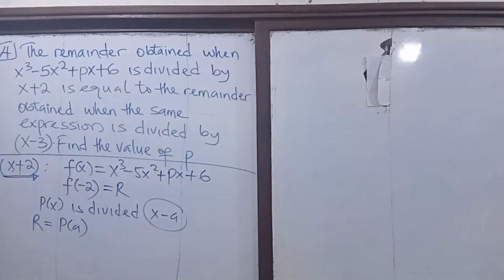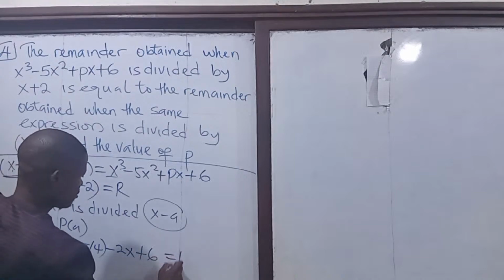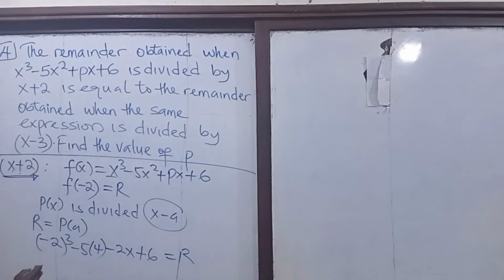So this will now become minus 2 cubed, minus 5 times minus 2 squared, that's a 4, plus p times minus 2, that's minus 2p, plus 6, and that will be equal to the remainder, which we don't know. So this will be minus 8, minus 20.